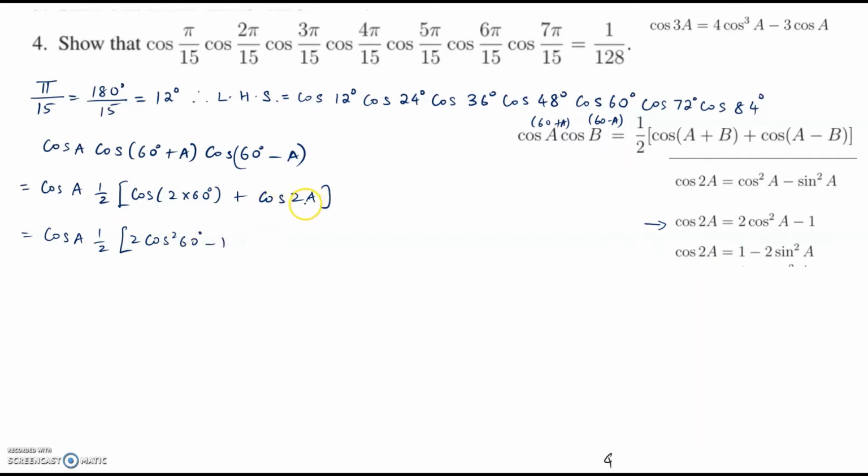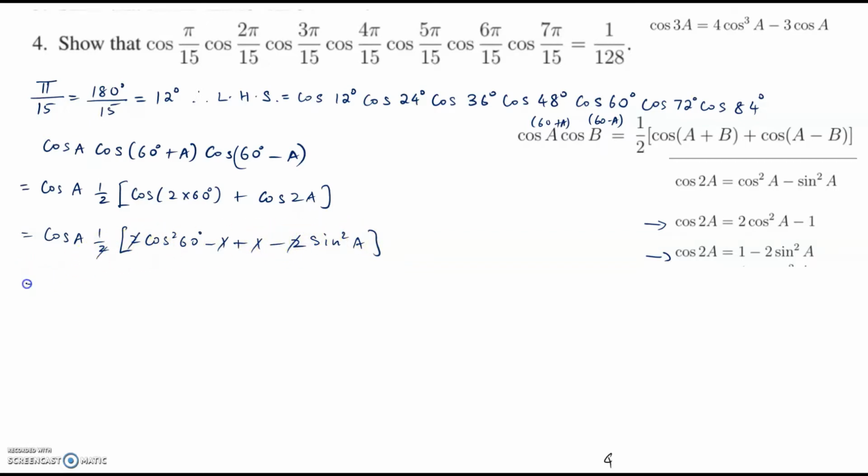And for the second expression, cos 2A, let's use this formula here. So cos 2A becomes 1 minus 2 times sine squared A. The 1 and 1 will disappear. Then you have 2 as a common term, and you have a 2 here, so these 2 will disappear.